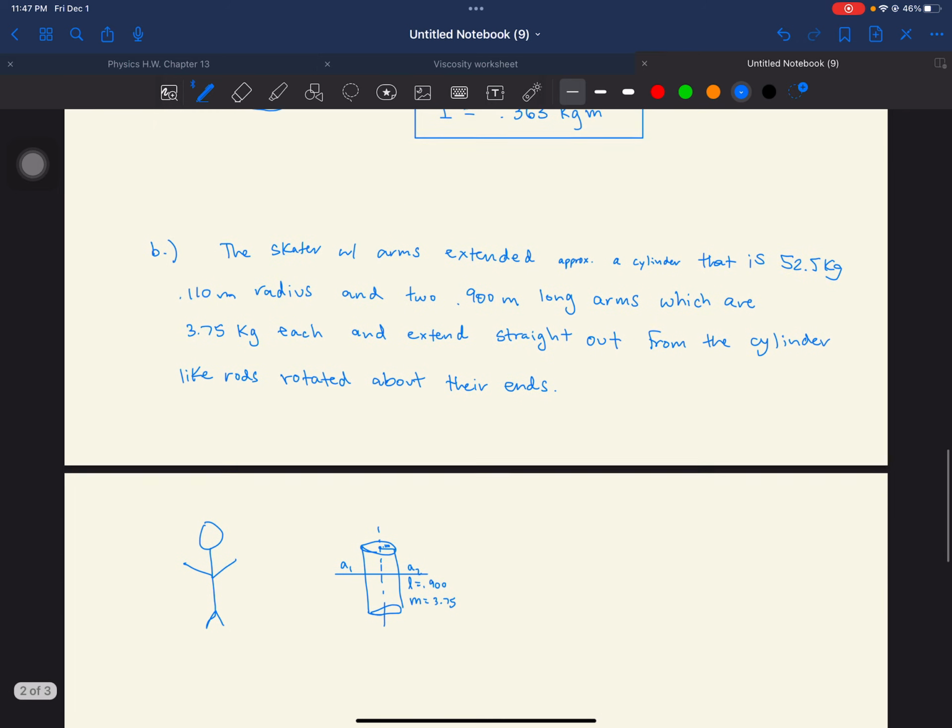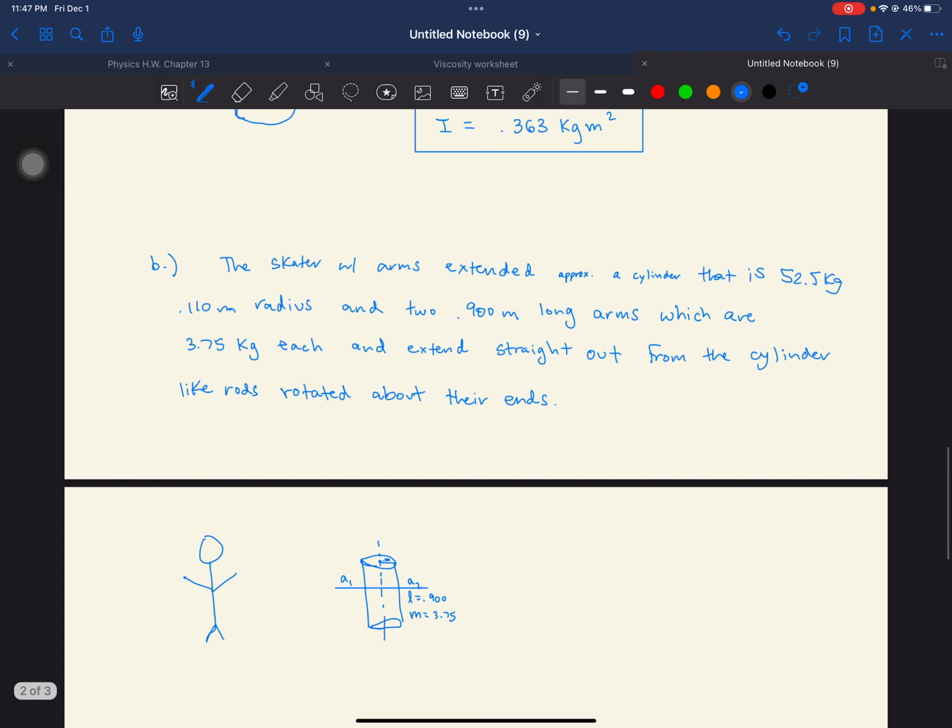Our second question says, the skater with arms extended is approximately a cylinder that is 52.5 kilograms with a 0.110 meter radius and two 0.900 meter long arms, which are 3.75 kilograms each and extend straight out from the cylinder like rods rotated about their ends.